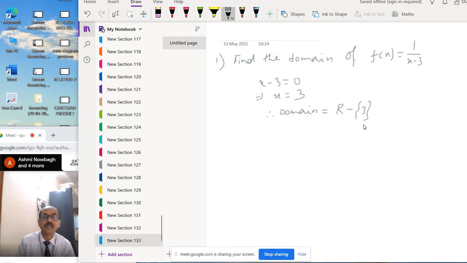See how to write: R is real numbers, meaning all numbers. If you take all numbers, it is possible except x equal to 3. So domain equal to R minus {3}. Clear now? How to find this type of question, the domain? Then we see another question.